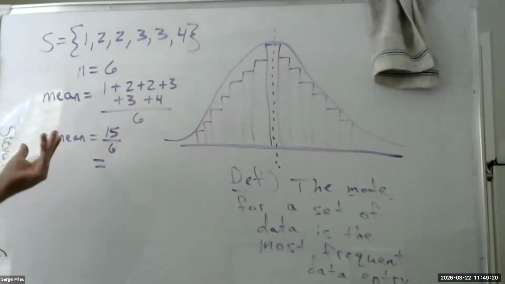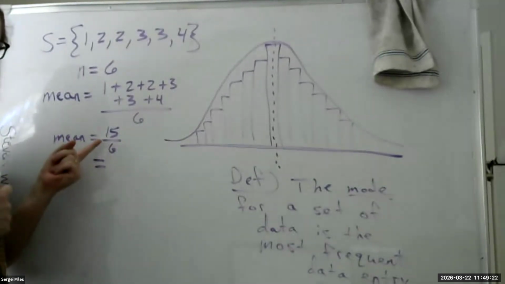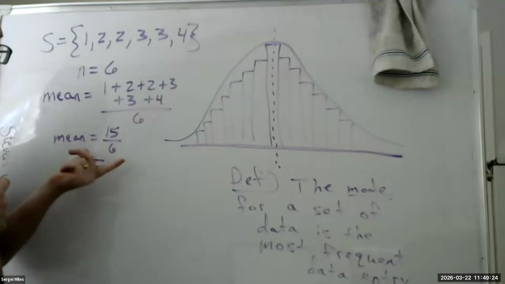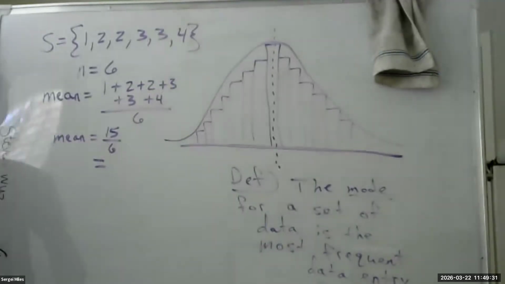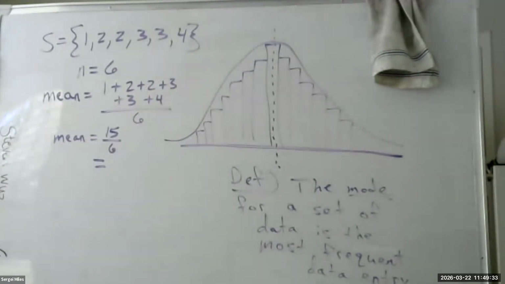And for a test or a homework, it's okay to leave your answer as a fraction. I would give that full credit. It would be okay to leave it like that. But if you want to write it as a decimal, oh, my calculator's in the other room. Bear with me one moment.